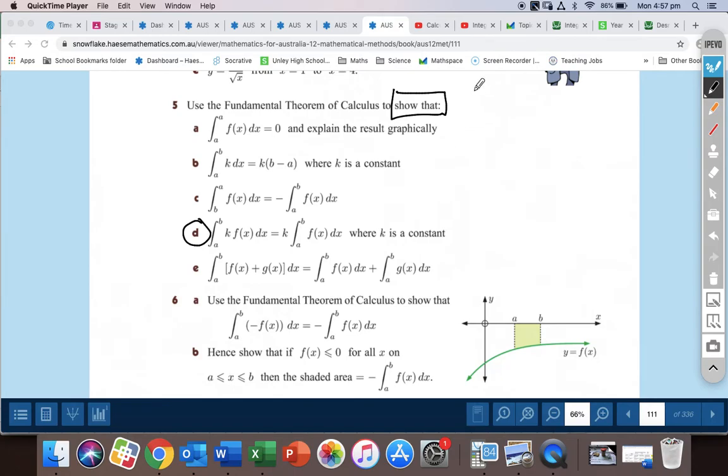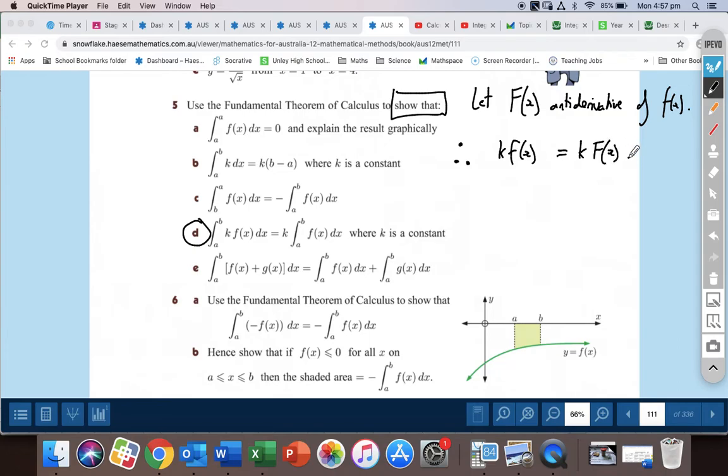Okay, and I want to say a statement like, let capital F of x be the antiderivative of f of x. And you could say, well, therefore, if you had k f of x, what would the antiderivative be? You might be thinking, oh, I reckon it's just this. You might want to check that by differentiating.